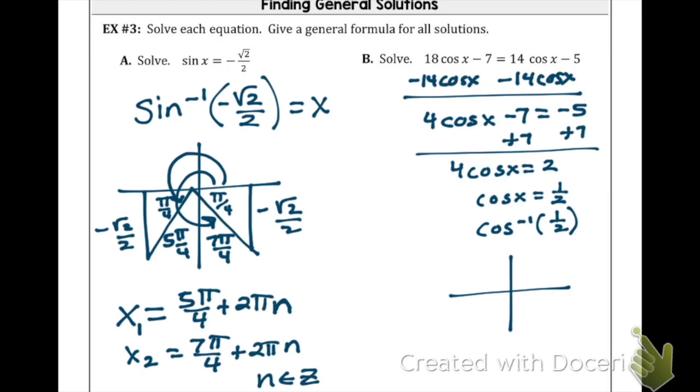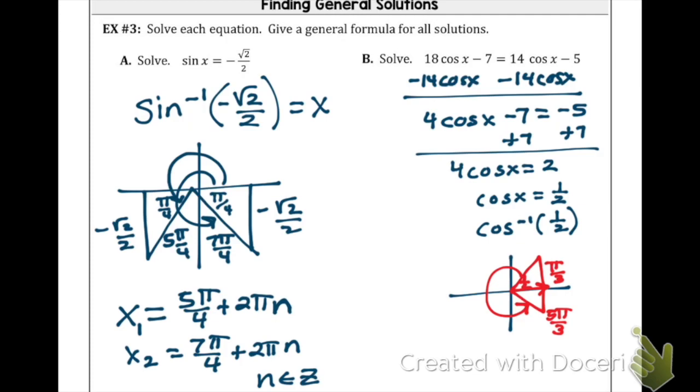If you think about it, going over 1/2 would work in both quadrant 1 and quadrant 2. If I'm going over 1/2, that means I'm going up higher. So I'm going up pi over 3, and I'm going down pi over 3, which would put me at 5 pi over 3.